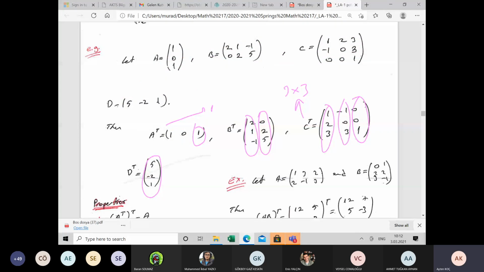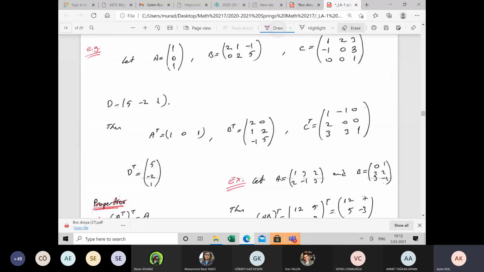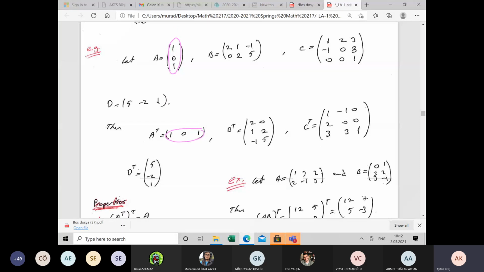Let's consider these matrices. Let's write the transpose matrix. The first matrix A contains only one row, and the first row gives the first column. The transpose of B is 2 by 3, so the transpose should be 3 by 2. The first row will be the first column, and the second row will be the second column.